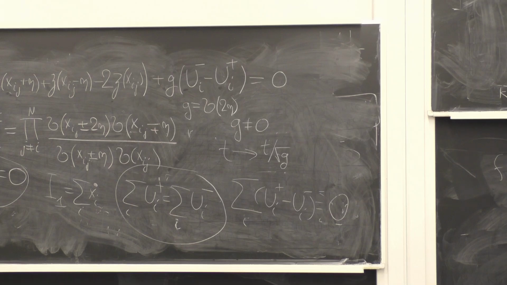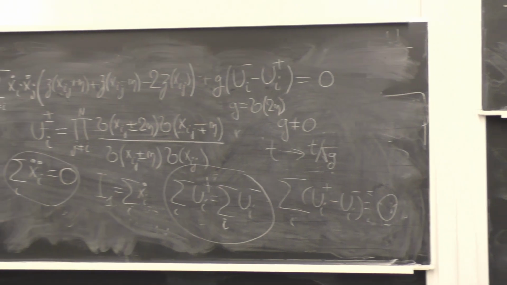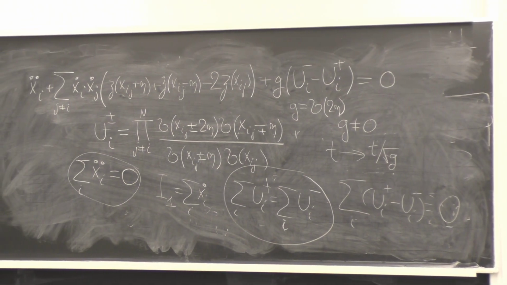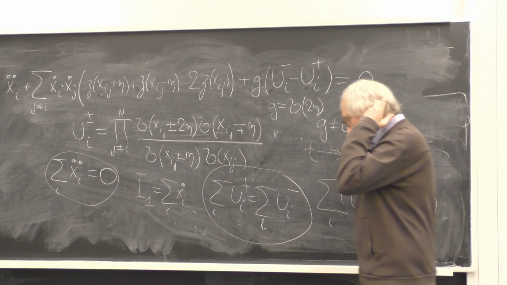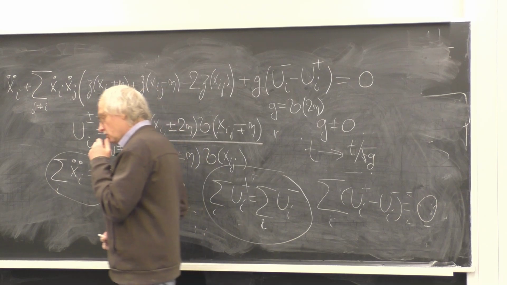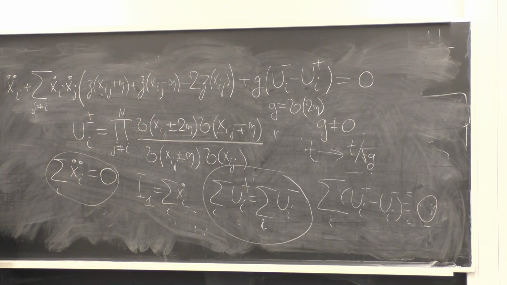In fact, this model, after some time, we will obtain these equations of motion as equations of motion for poles of elliptic solutions to some version of the Toda lattice.